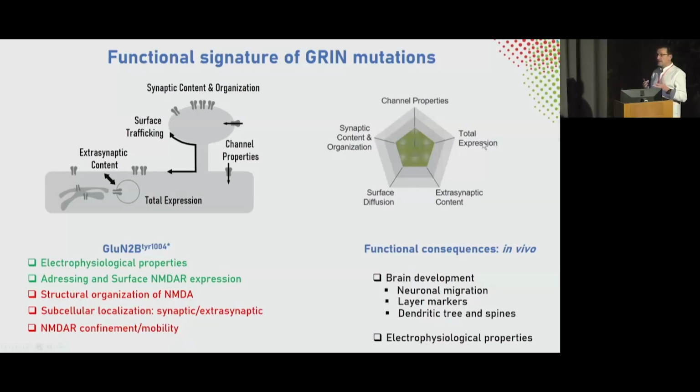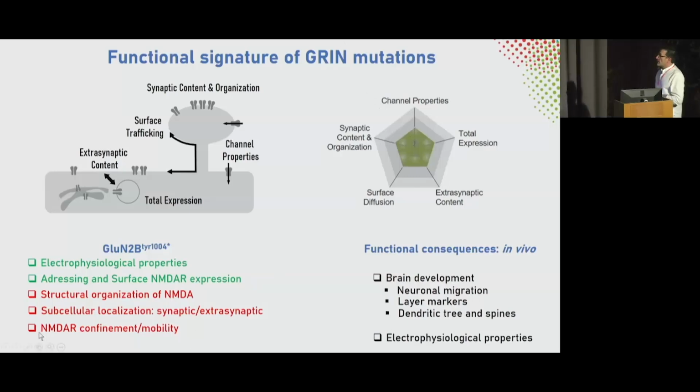So when we characterize GluN mutants, we are now trying in the lab some mutants for which we don't know exactly the impact on function. We are trying to fill this graph to better understand the real consequence of the mutation in the NMDA receptor.